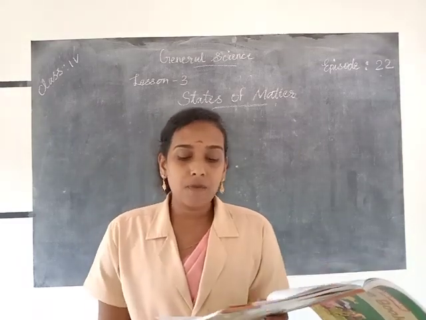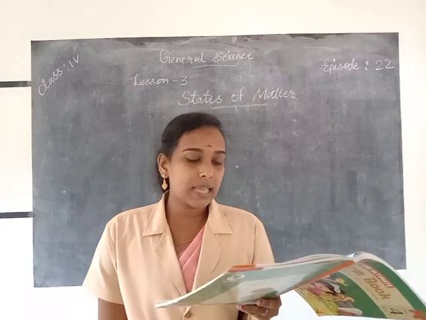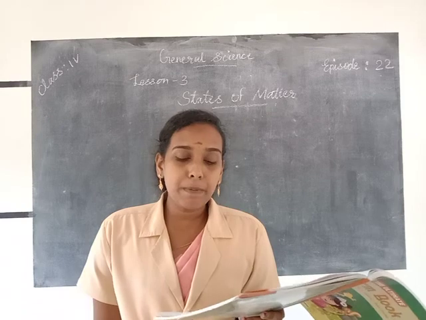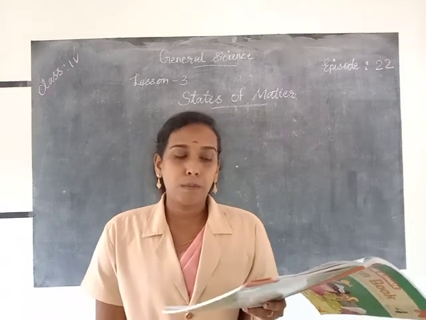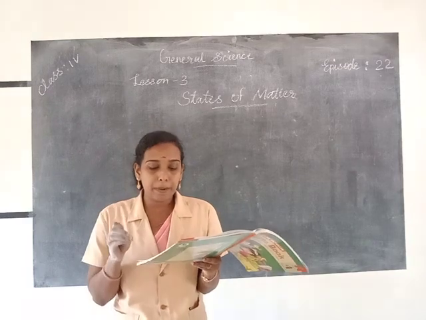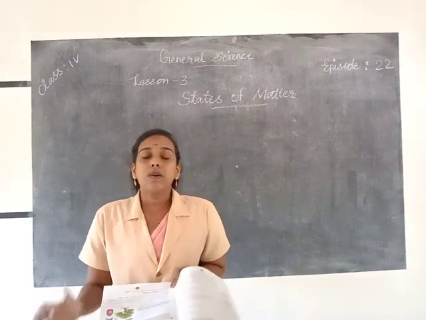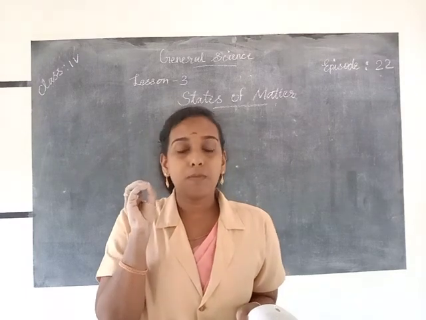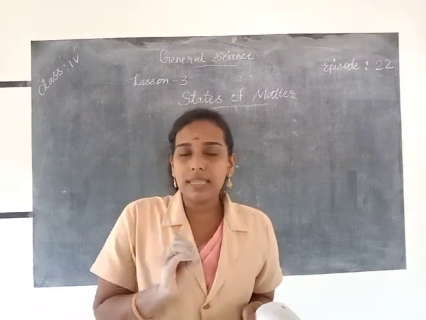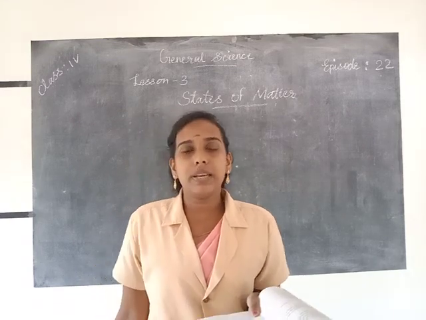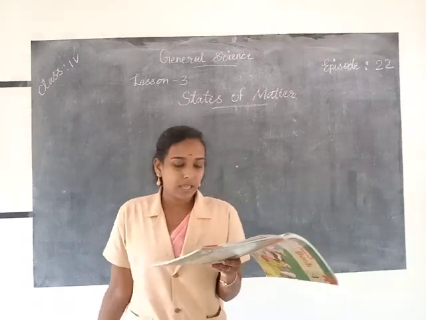Billions and billions of these tiny particles aggregate to form matter. These invisible particles are called molecules. The molecules are made up of still smaller particles called atoms. So all matter is made up of very tiny particles called molecules, and the molecules are still made up of tiny particles called atoms.